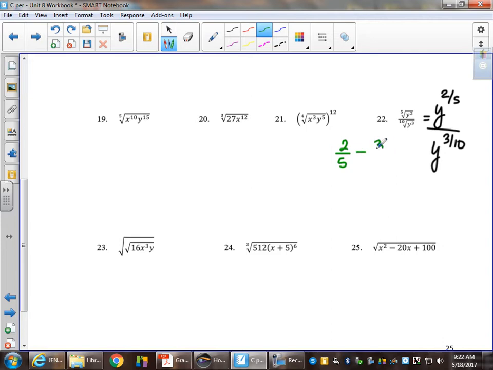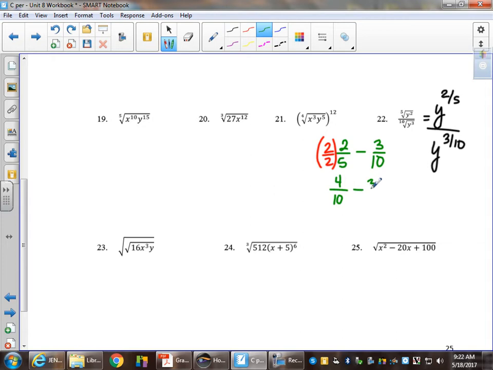2/5 minus 3/10. Do I have a common denominator? No. What's my common denominator going to be? 10. How do I get 10? Multiply by 2. 2 divided by 2, which technically equals, what does 2 divided by 2 technically equal? 1. 2 times 2? 2 times 5?